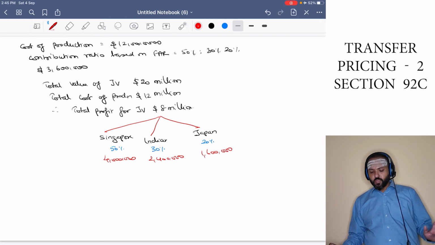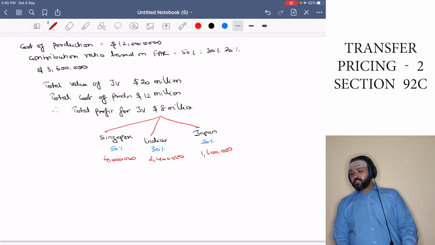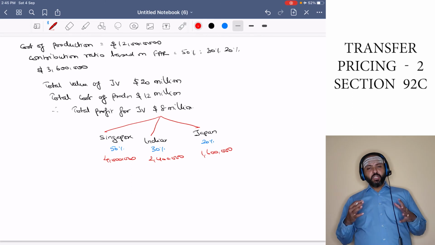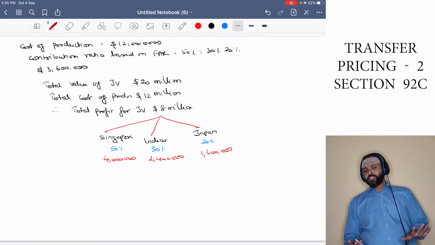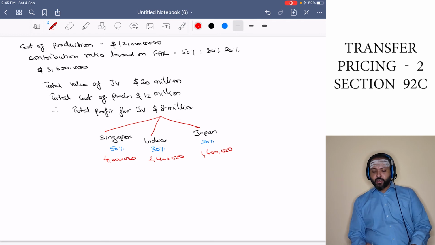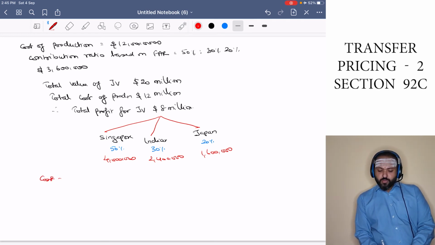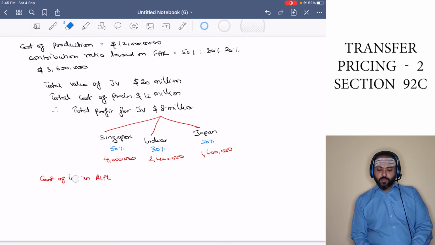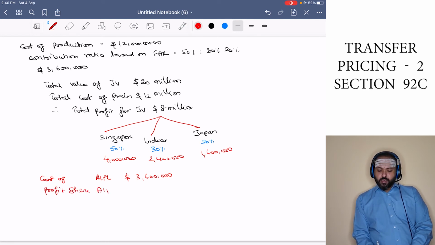Okay. Now, what is the cost of Indian entity? Now that we know profit share of Indian entity, do we know the profit share of Indian entity? Yes, we know the profit share of Indian entity. So, cost of Indian entity, or we will call it AIPL. Instead of Indian entity, we will call it AIPL. Cost of AIPL. How much is it? The question has told $3.6 million. And profit share of AIPL.